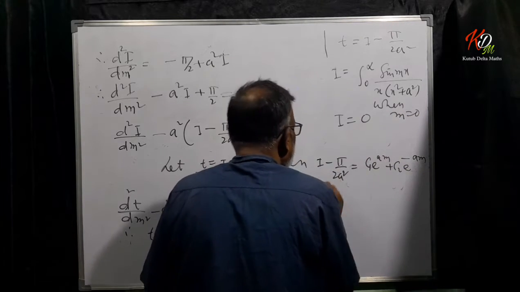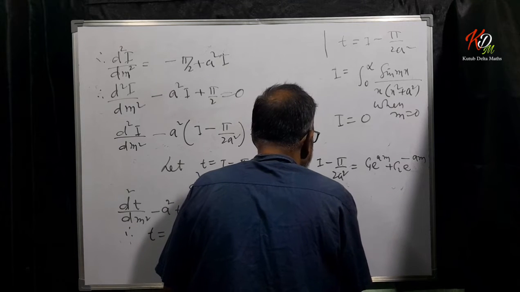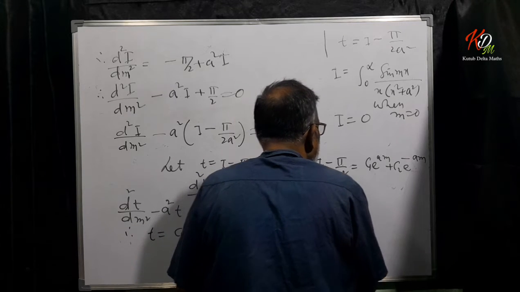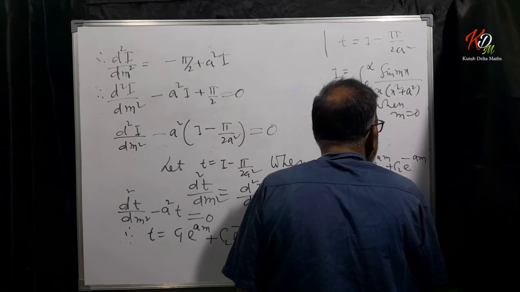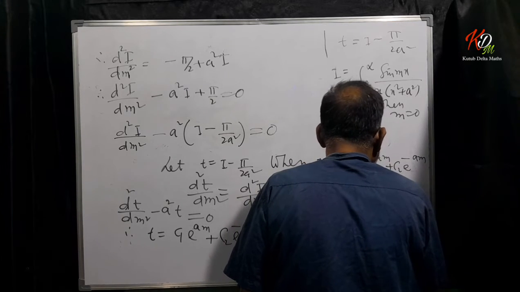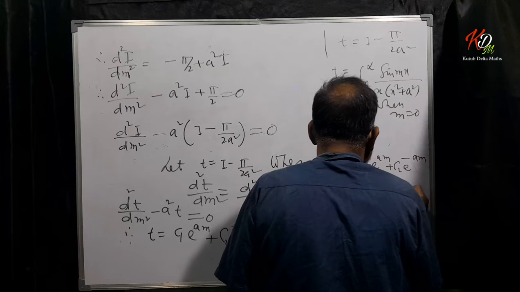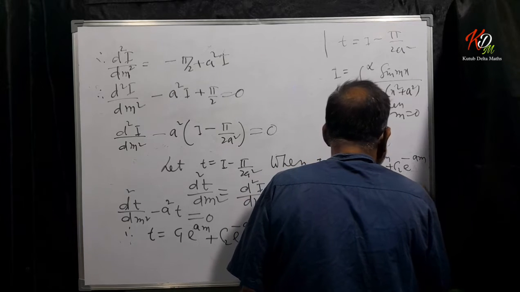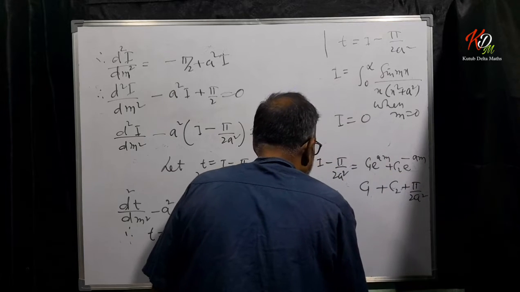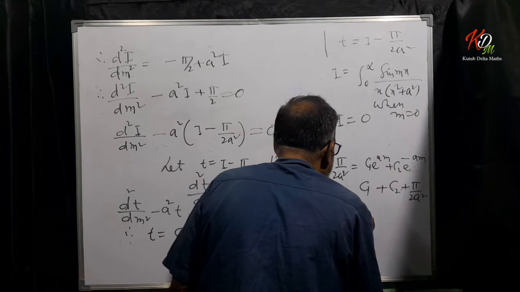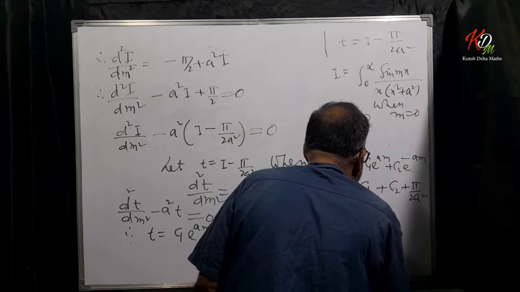So putting the values, I equals 0, equals c1 plus c2 minus pi by 2a square. So c1 plus c2 equals minus pi by 2a square.